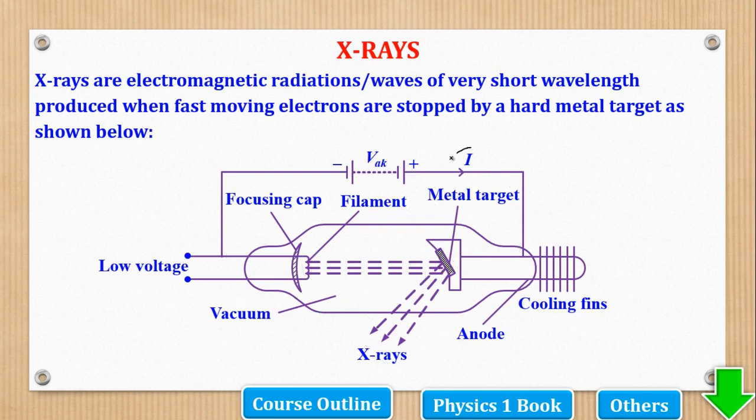It is what produces this current. This is a high tension, extra high tension voltage to enable these electrons to move at a very high speed. The low voltage is just to emit electrons, but this high voltage enables the electrons to move at a very high speed, so that they are stopped by the metal target, and in that process the X-rays are produced.